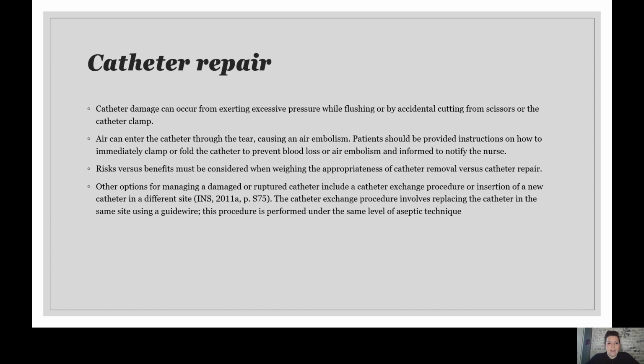And then catheter repair. Catheter damage can occur from exerting excessive pressure while flushing, or accidental cutting from scissors, and air can enter. All of those are very, very dangerous. So we generally do not repair catheters. We usually just call and have a replacement. So be mindful.